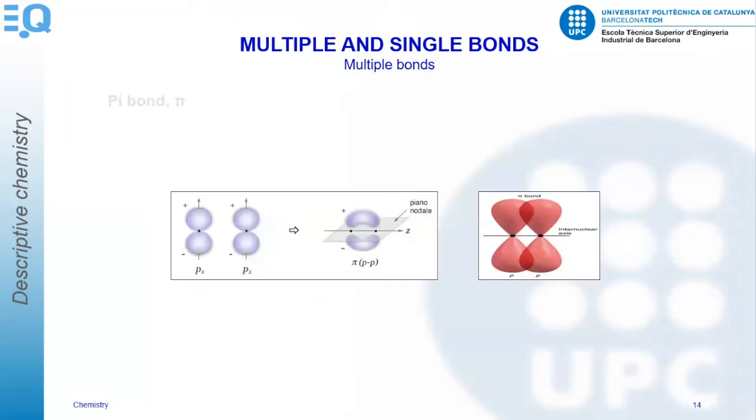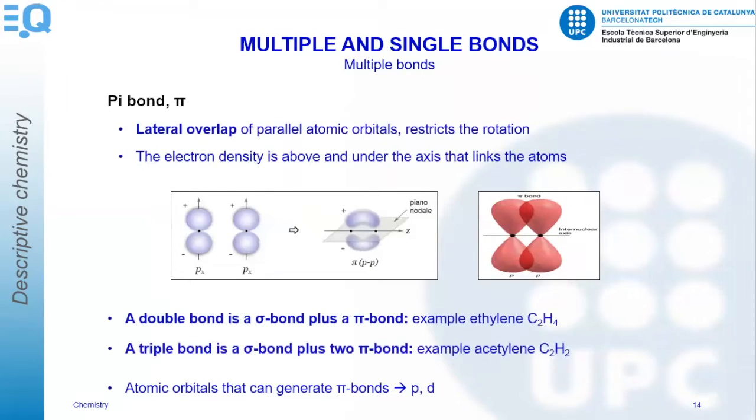The other type are the pi bonds, which are present in multiple bonds. Lateral parallel atomic orbitals overlap both above and below the plane of the atoms, and this restricts their rotation because otherwise the bond would break. A multiple bond is always a combination of one sigma and one or two pi bonds, depending on whether it is double or triple.